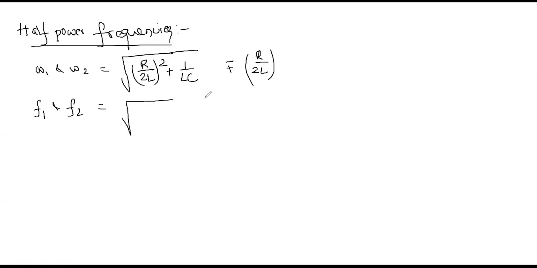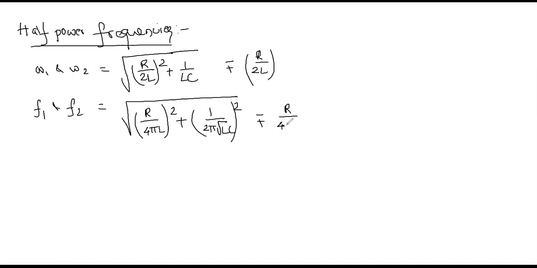In that case, you will get square root of (R by 4 pi L) whole square plus (1 by 2 pi root LC) whole square, minus plus R by 4 pi L. We know the expression for bandwidth: bandwidth equals R by 2 pi L in hertz.